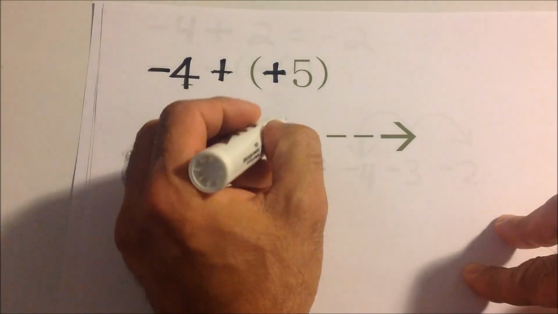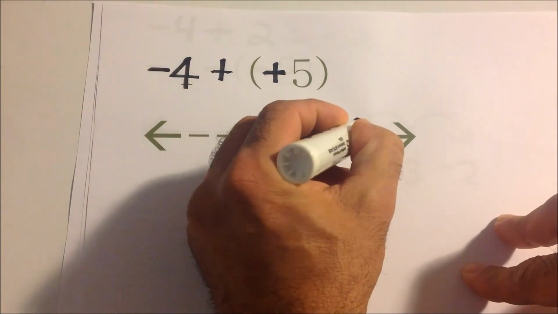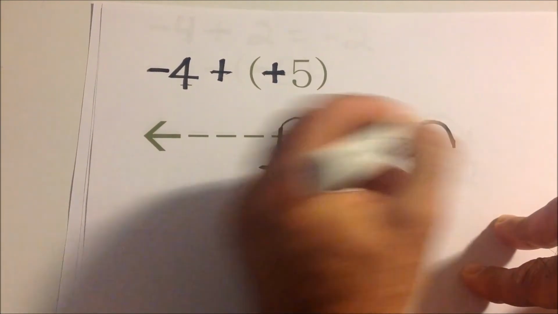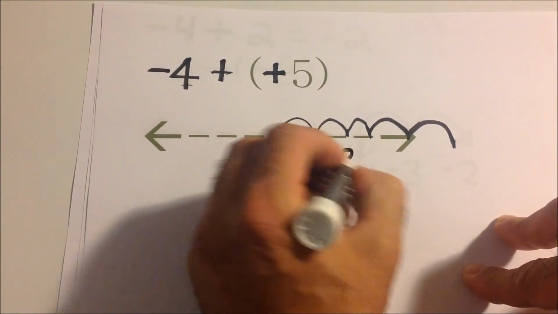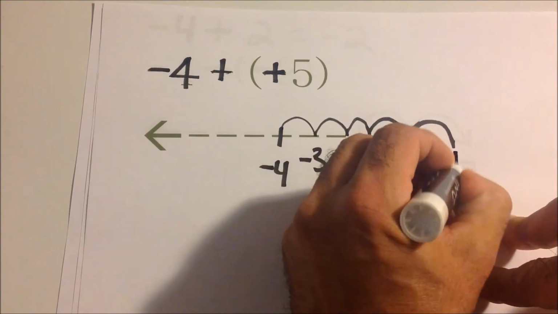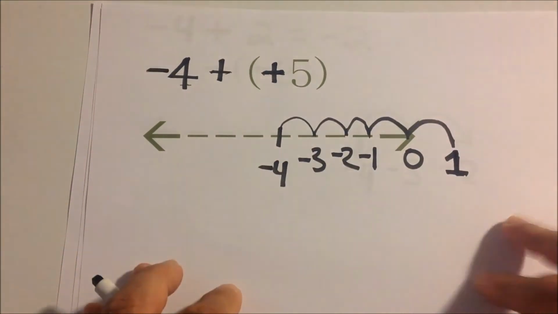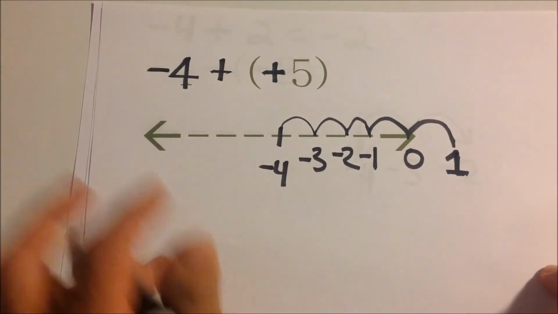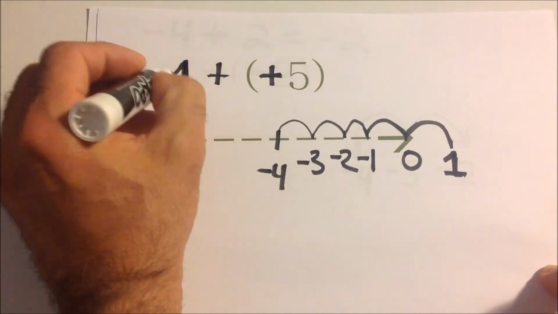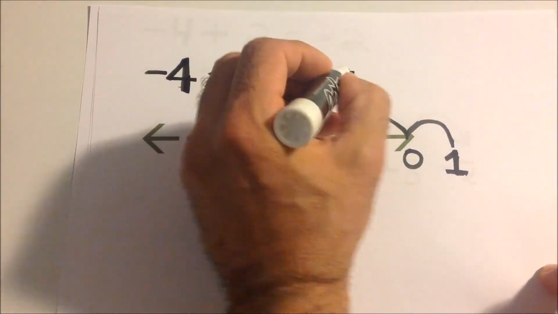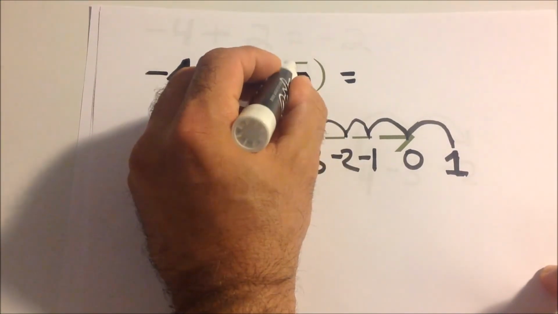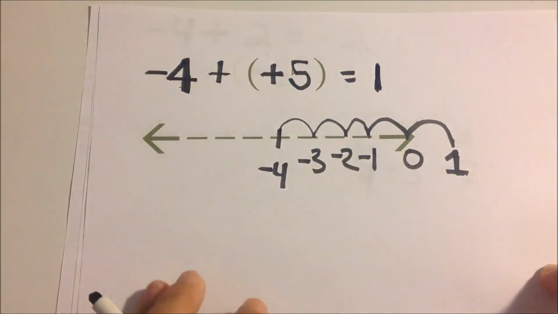So it says to add 5. 1, 2, 3, 4, 5. -3, -2, -1, 0, 1. We should get 1. And let's look. If you owe $4, but you have 5, now you paid off the 4 and you'll be left with 1.